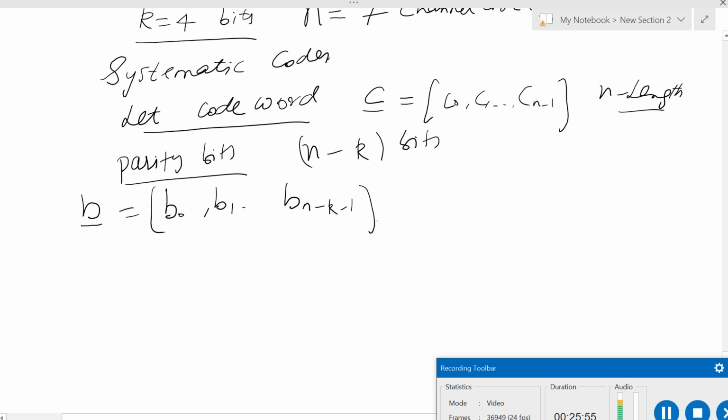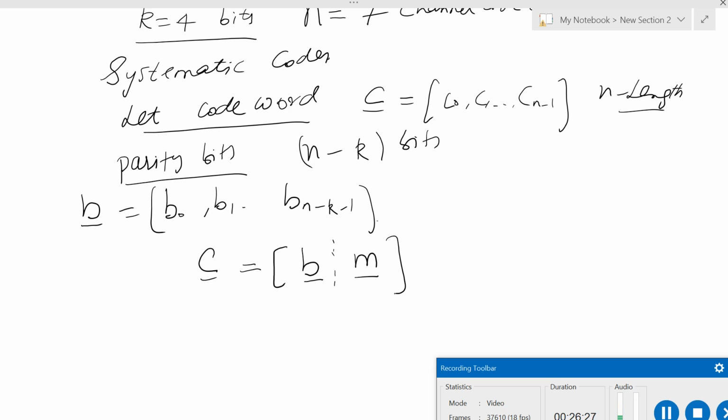So we can easily see that the code word C can be written as a vector B concatenated with message vector. This means concatenation, that is, you are combining two vectors.